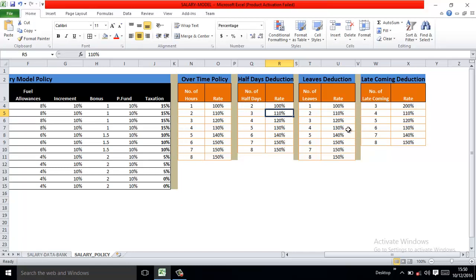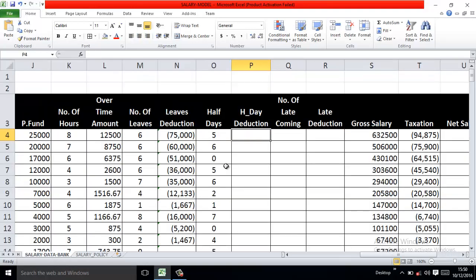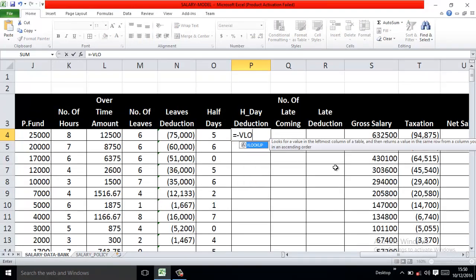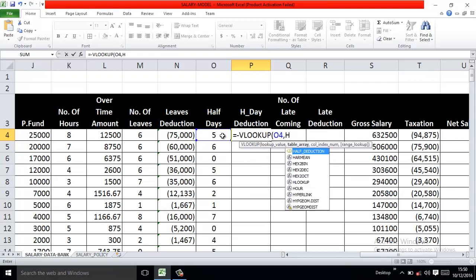But if a person has 2 half days, then 1 day salary deduction, if 3 then 10% additional, then 20% additional and so on. So we apply a formula, that is we look up again this number of half days in the table array with the name half day deductions.